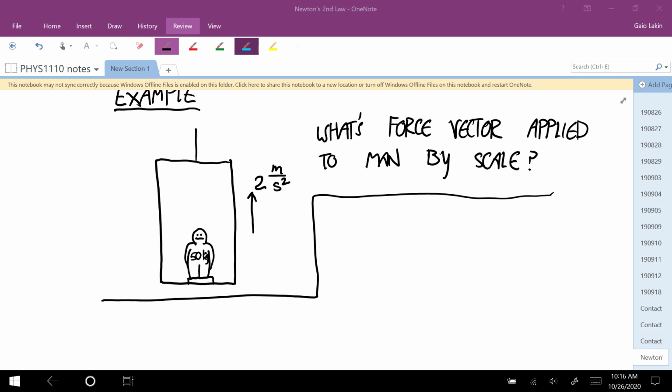You sort of feel your stomach move, like something's going on. What we're going to see here is how that acceleration changes the force that is applied to you by the ground, in this case by the scale.